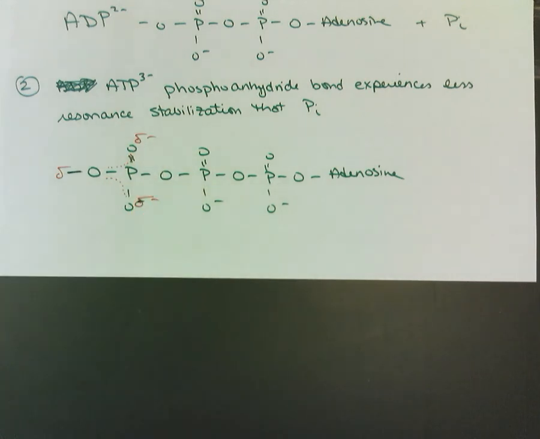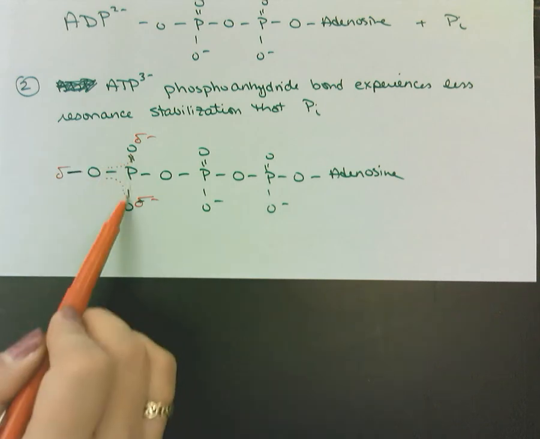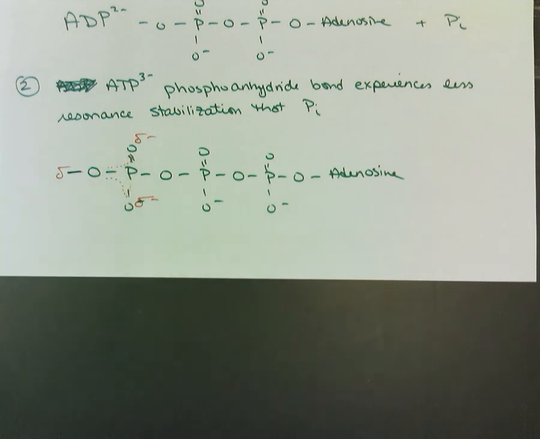That would be more correct. So you're just seeing partial, because the double bond is really shared between all 3, so no one oxygen is really fully negative.